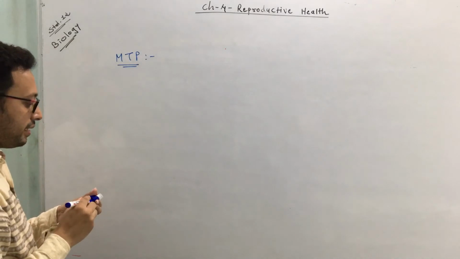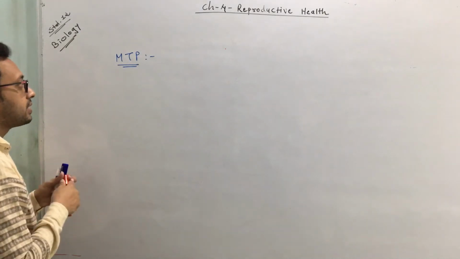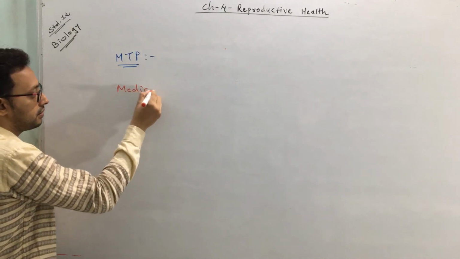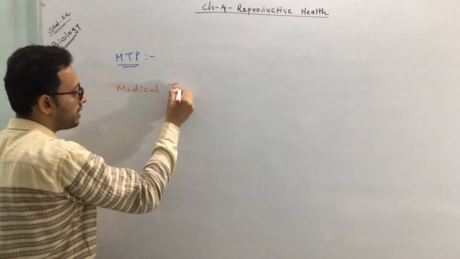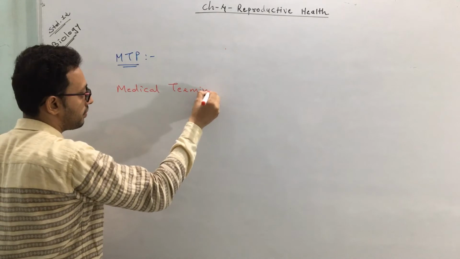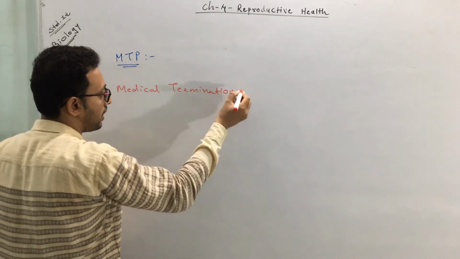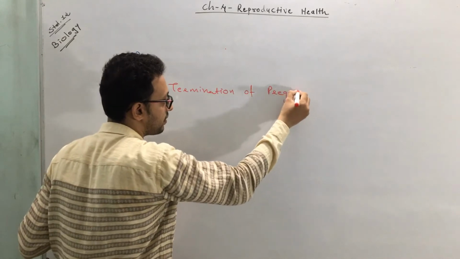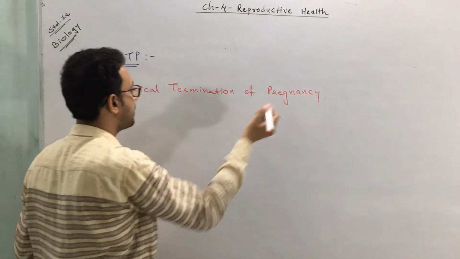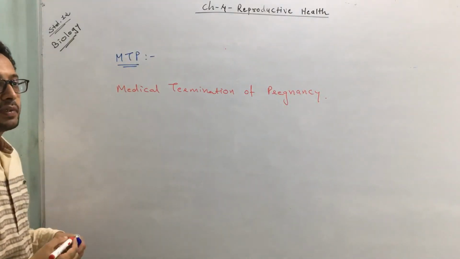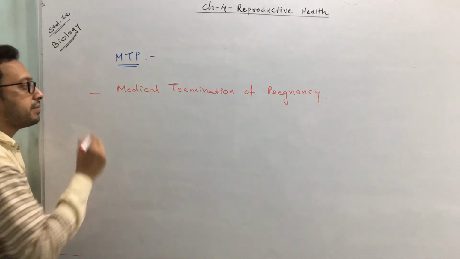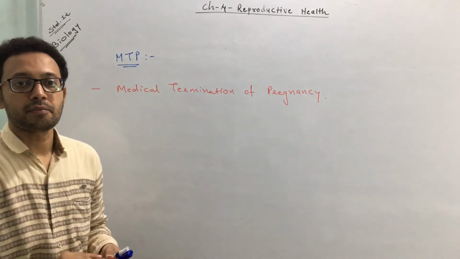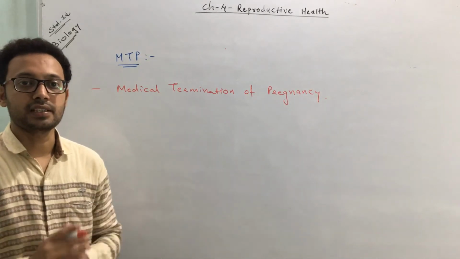What is MTP? M means medical, T means termination, and P means pregnancy. Okay, so the full form of MTP is medical termination of pregnancy.